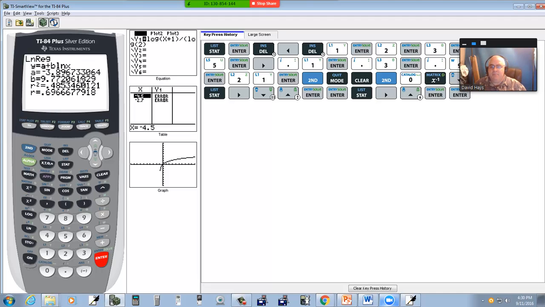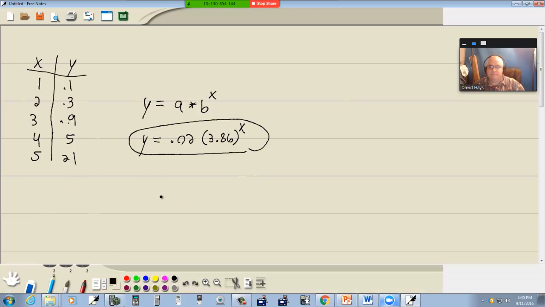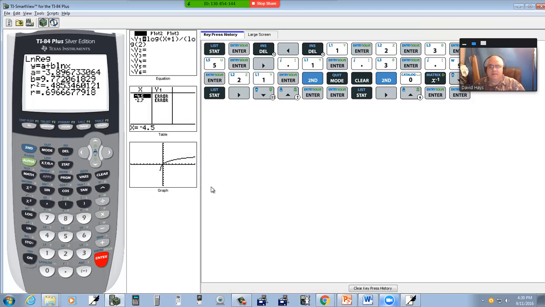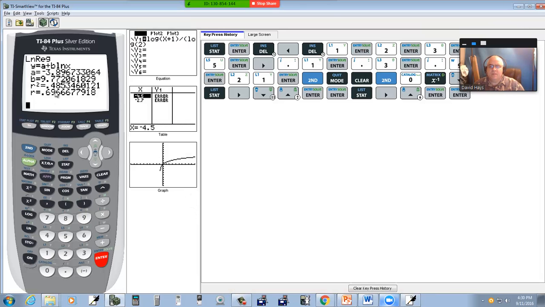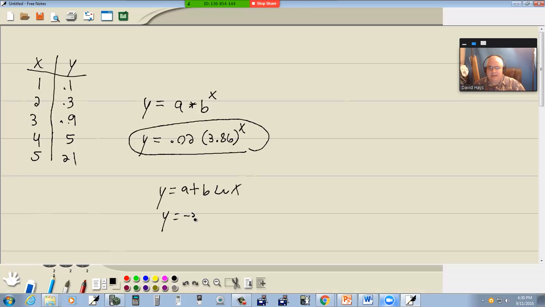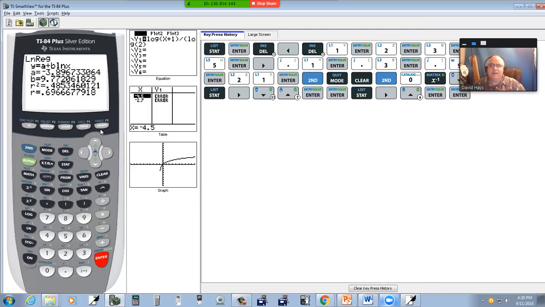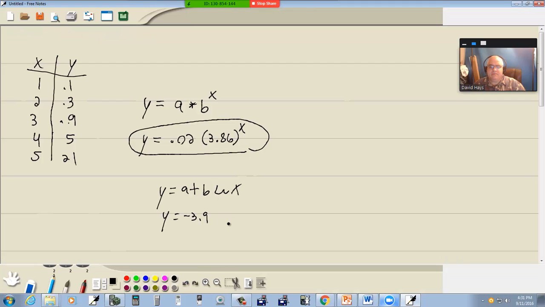And that gives us a plus b natural log of x. So we plug in our a, negative 3.9 rounded, and b is 9.77, and then natural log of x.